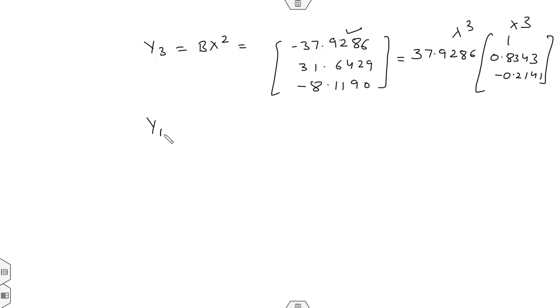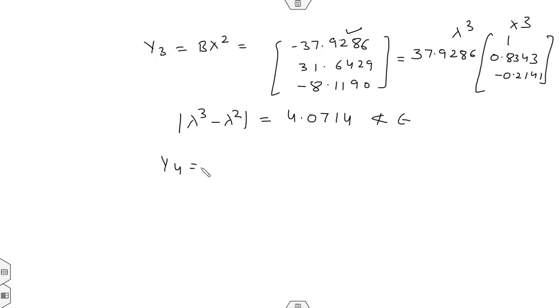Let's compute y4. Again we will check whether the difference between consecutive eigenvalues is less than the tolerance. If so, we can stop. Lambda 3 minus lambda 2 comes out to be 4.0714, not less than epsilon, so we will continue.